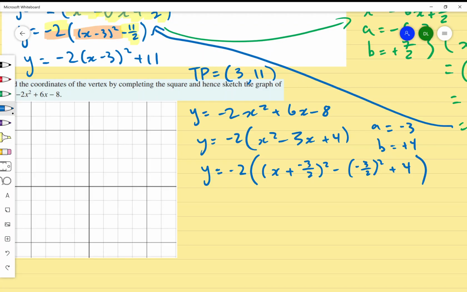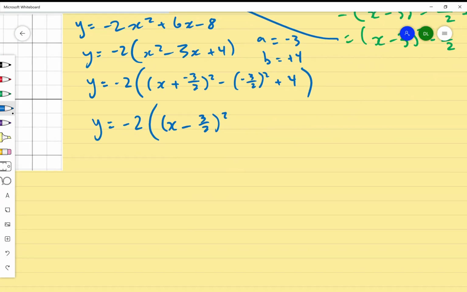From there, I'm going to get y equals negative 2 bracket x plus 3, minus 3 over 2 squared, and then how do I square a fraction? I don't feel like you guys did this before. For example, 3 over 7, what's that squared?